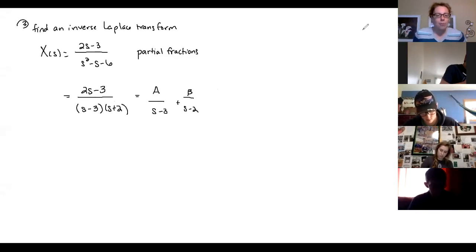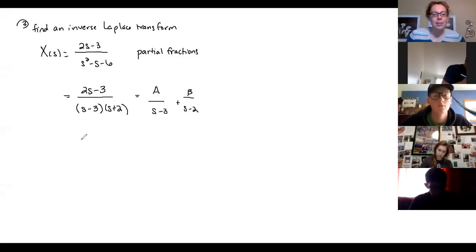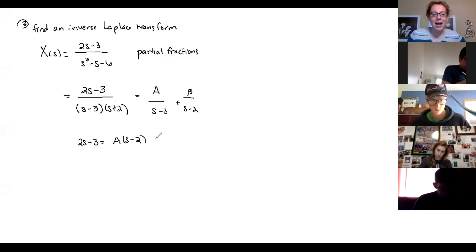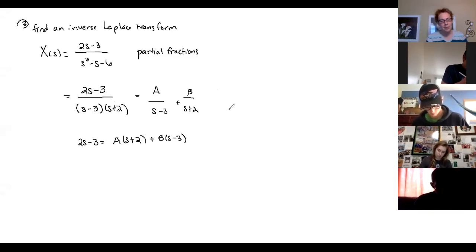Splitting up with partial fractions. Multiplying both sides, 2s minus 3 is a times s plus 2 plus b times s minus 3. And then I want to try convenient values of s.